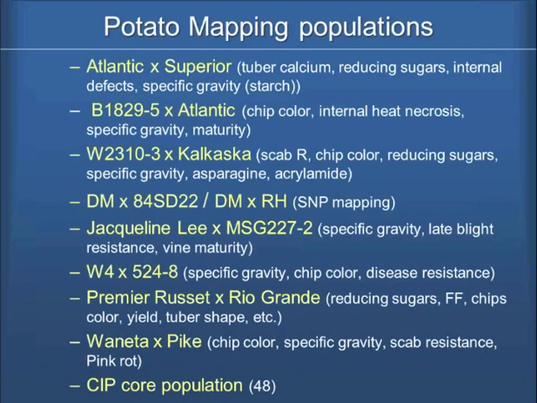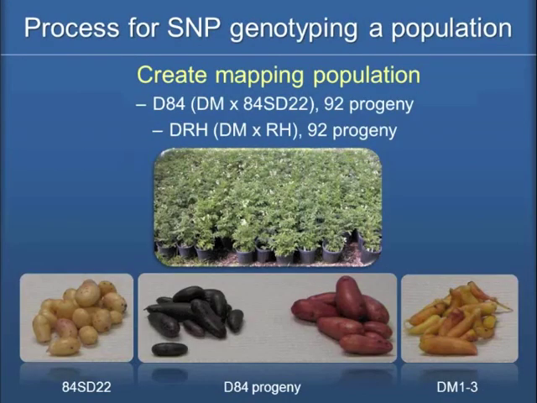And then after the data came off the SNP genotyping, we said, maybe we really need to have a second population. So we contacted Richard. He had the cross already in hand, DM by RH. He sent us the DNA, and we were able to SNP genotype that. And so having two populations to work with is more informative than having just the single population to move forward.